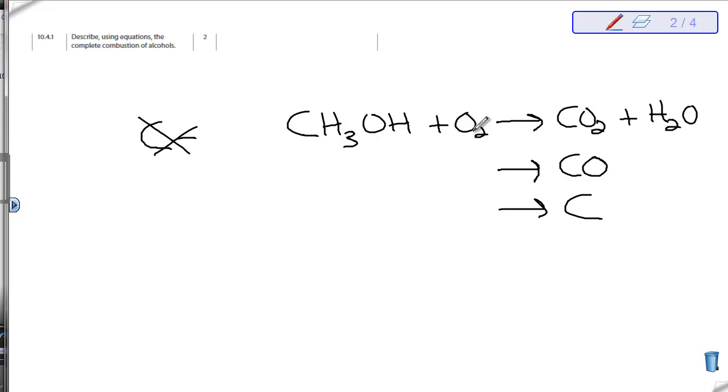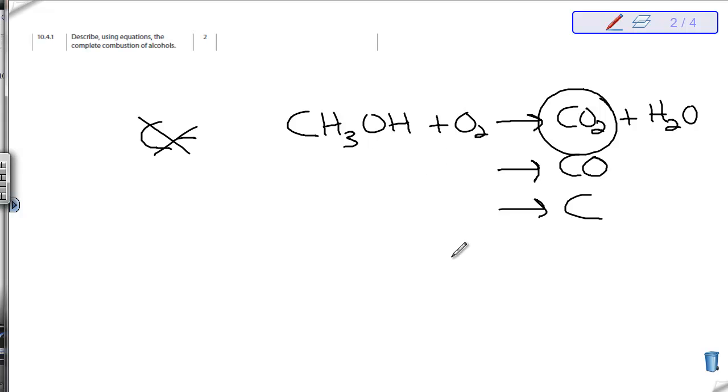Another product of incomplete combustion, or combustion in general, especially in an internal combustion engine, is carbon dioxide, a greenhouse gas. And because nitrogen is also in the air that mixes in the combustion chamber, it's not just oxygen present.